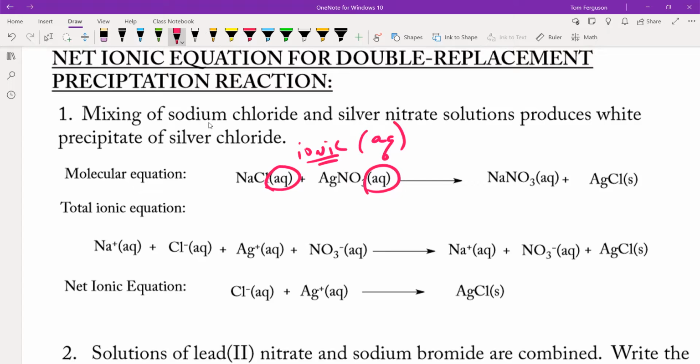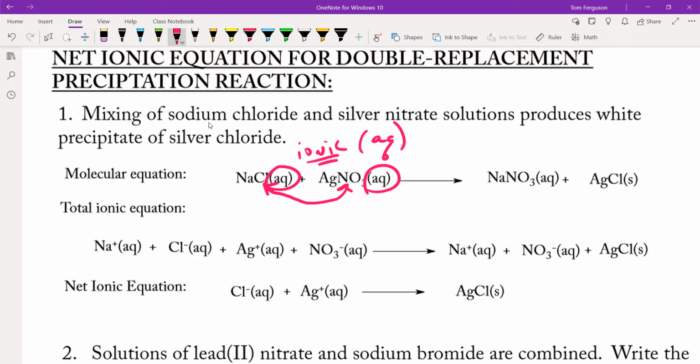In other words, these two get swapped, the nitrate and the chloride. So now we have a new common set of combinations. We have sodium and the nitrate, the new combination, and the silver and the chloride, new combination.